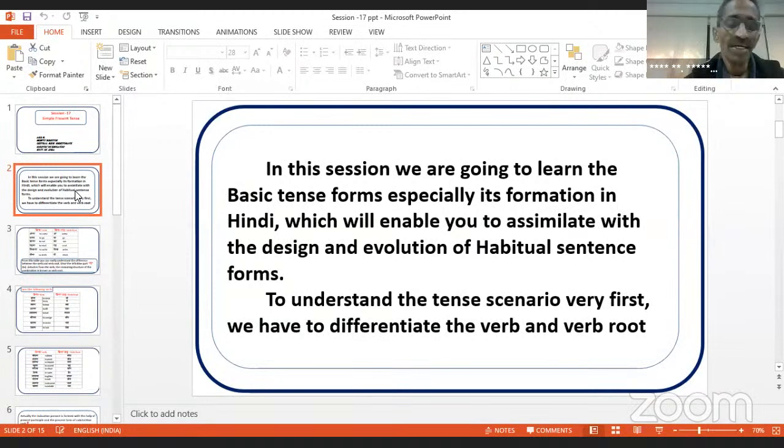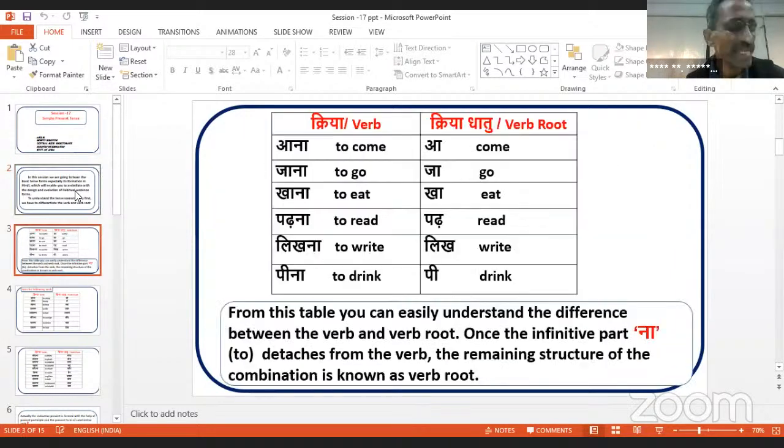To understand the tense scenario, very first we have to differentiate the verb and verb root. In each and every language, when we are constructing a sentence, the main features are two things: one is verb, the other one is verb root.